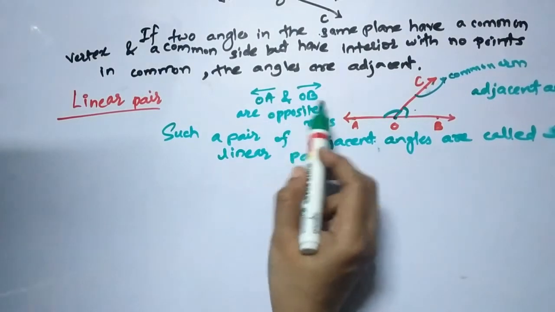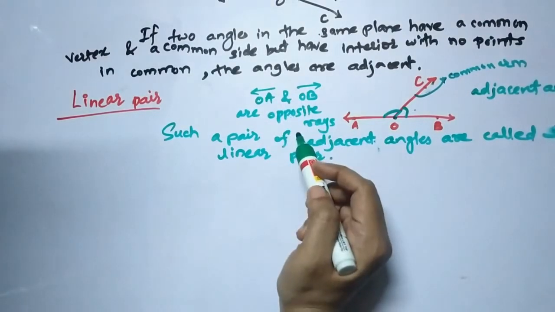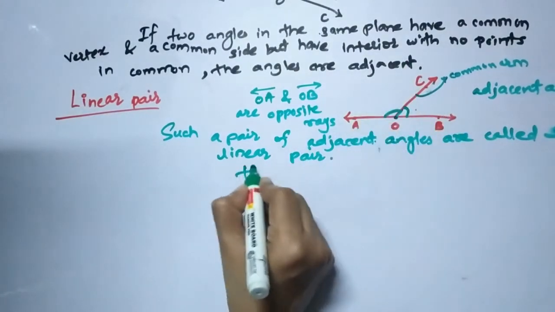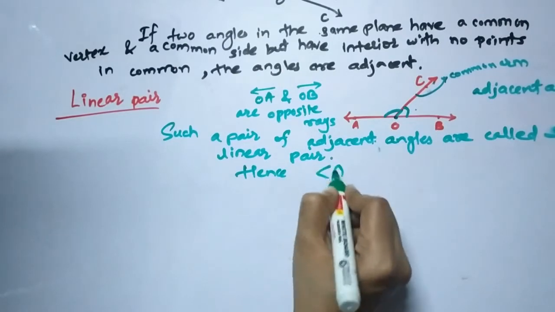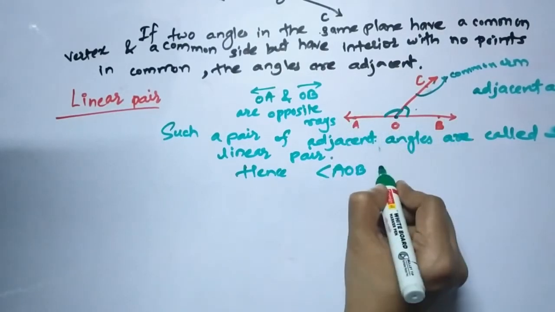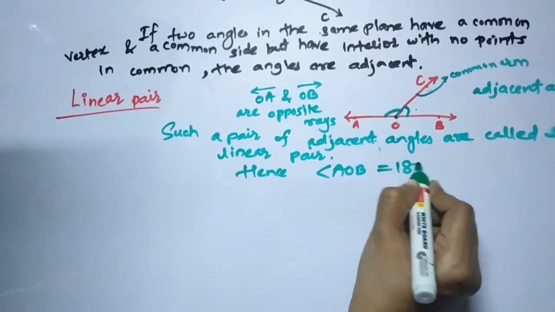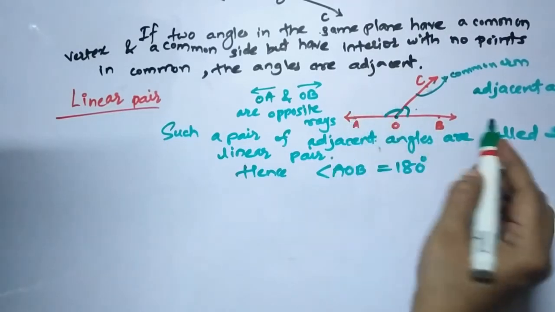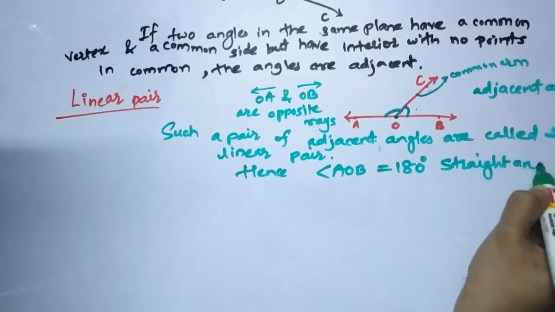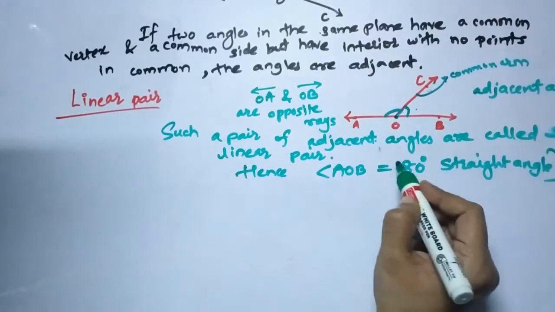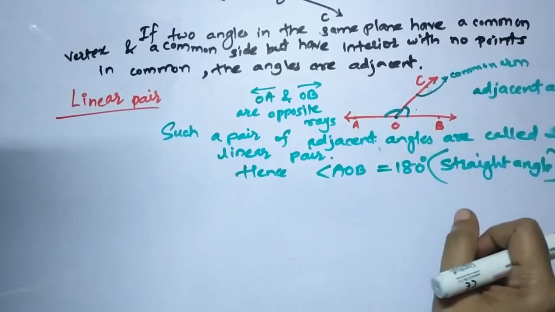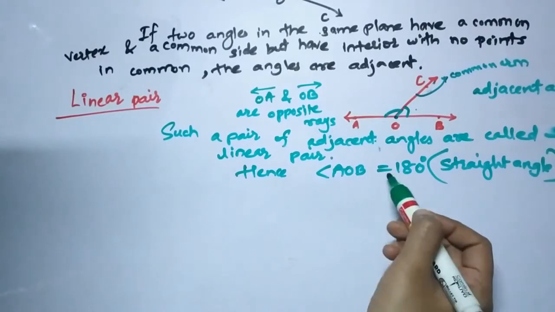So friends, here OA and OB are opposite rays, and this complete line AOB is a straight line, and hence you can say, friends, angle AOB is what? 180 degrees. Why 180 degrees? Because this is a straight angle. So this is the reason this AOB is a straight angle. So friends, what is AOB composed of?